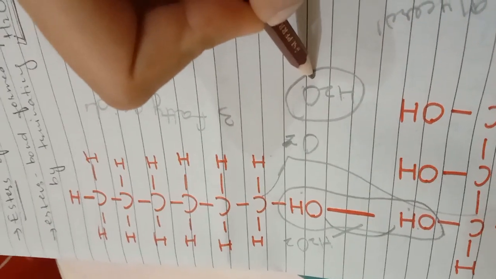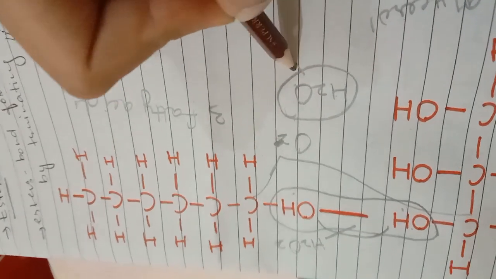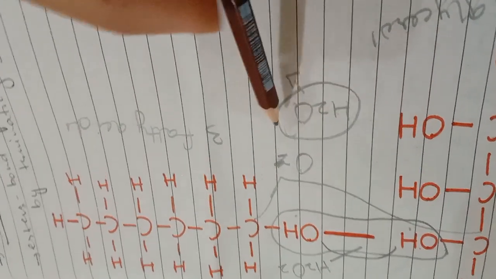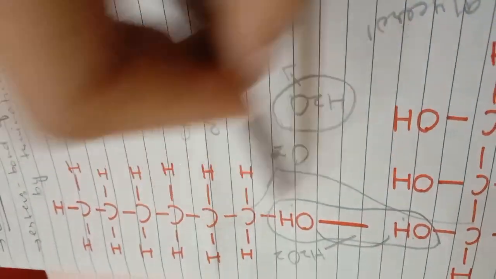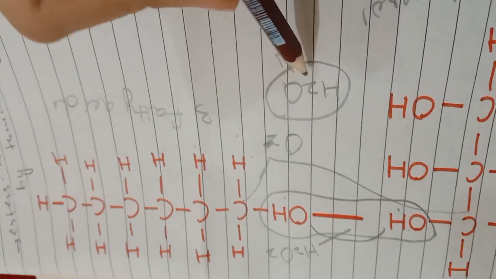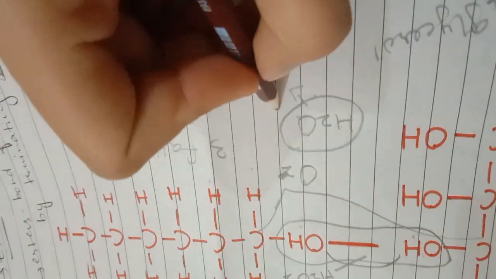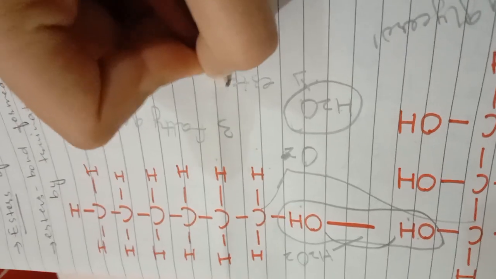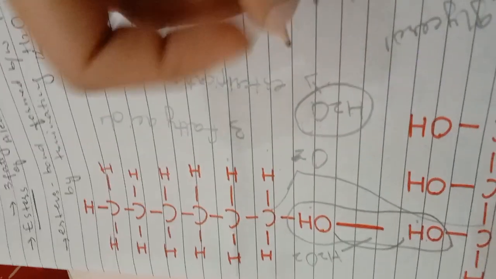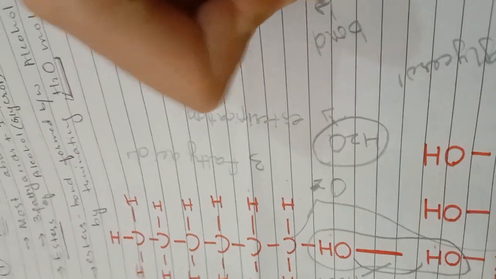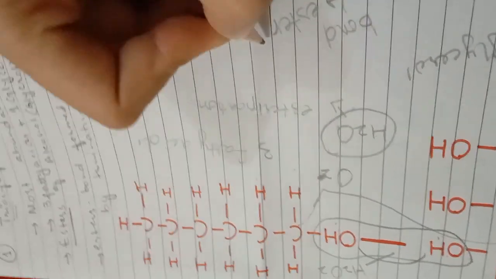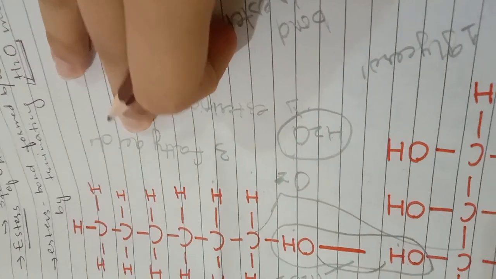So by removing the water molecule from this ester bond, the process is known as esterification. The bond is known as ester linkage. The bond that is formed between acid and alcohol is known as ester linkage.